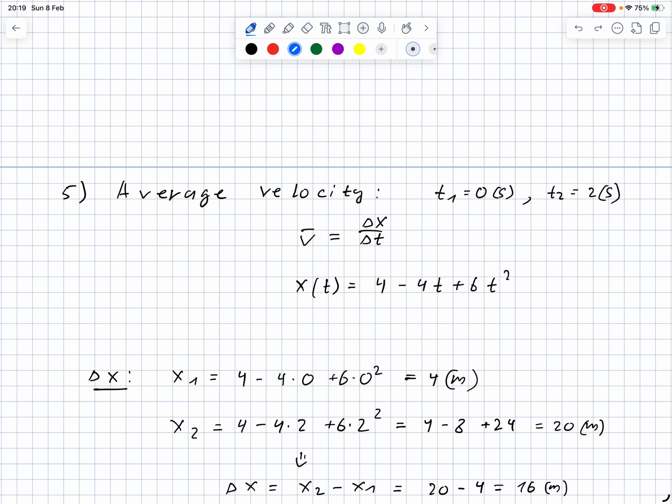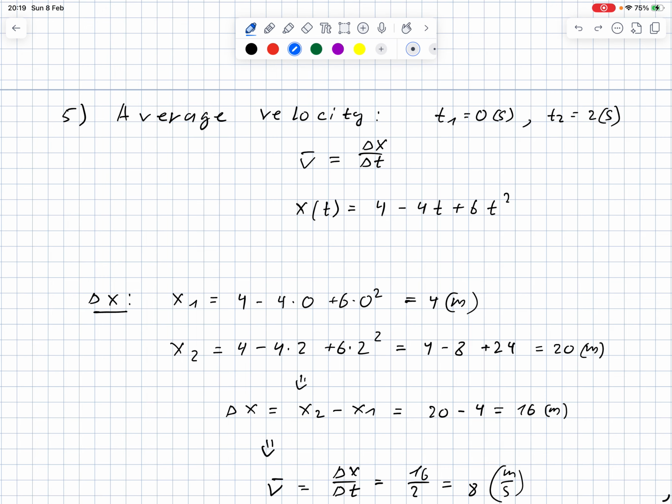And the second or final position is when we substitute this function when t equals 2 seconds. You can calculate yourself to check if I'm correct or not. The final position is 20 meters. And finally, we can calculate the displacement.